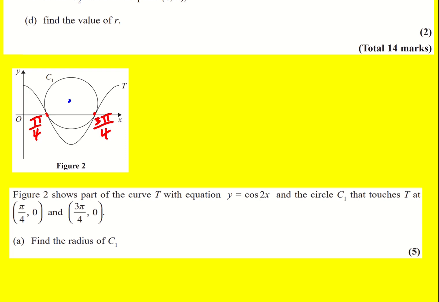To start this then, I'm going to look at the gradient function because that's going to have something to do with it. You can see it's not a tangent, but they have the same gradient at the point where they touch. So that means for T, dy by dx is going to equal minus 2 sine 2x.